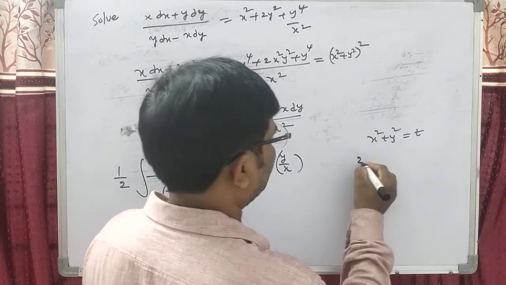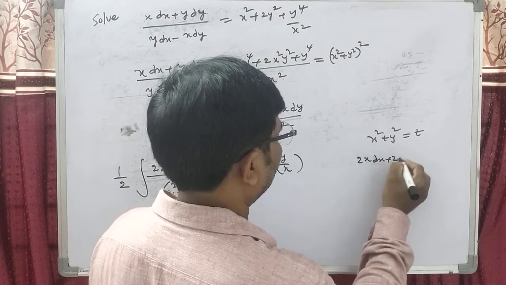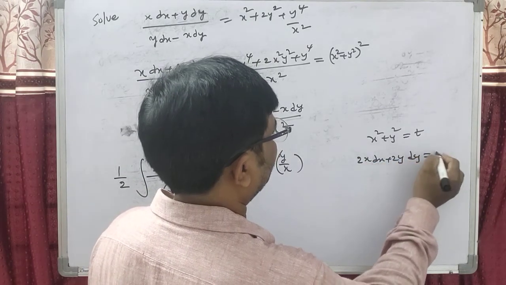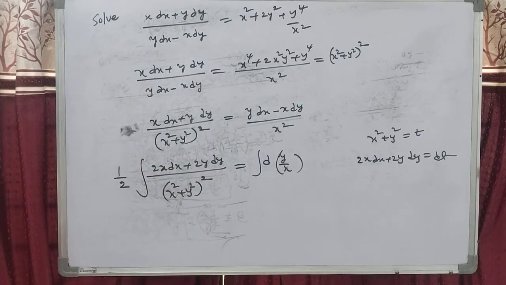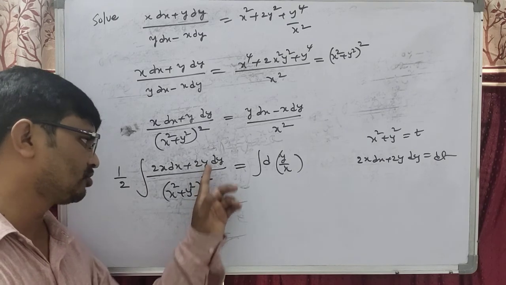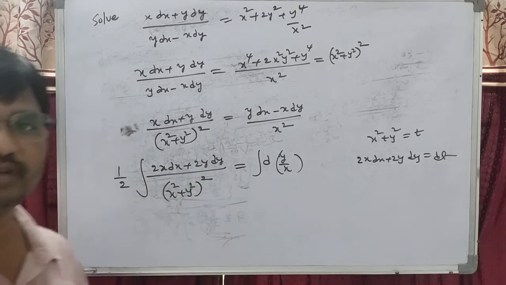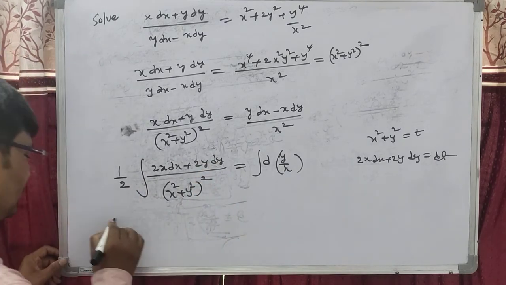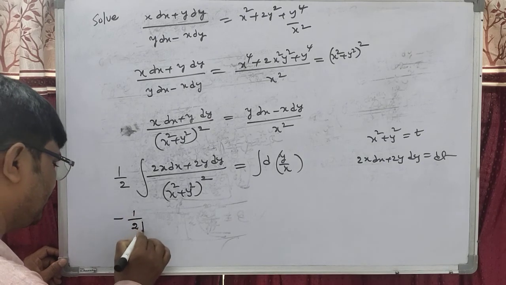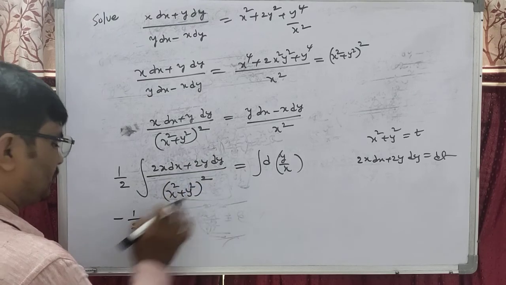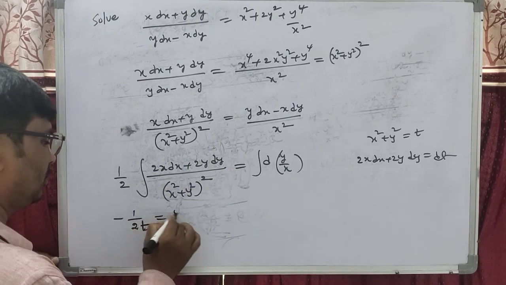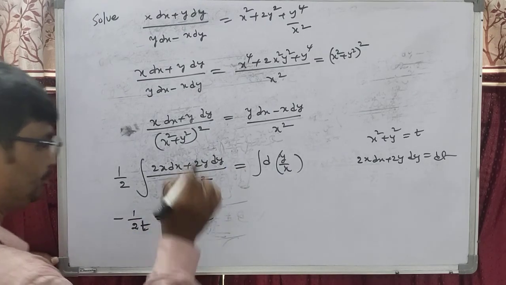Now 2x dx plus 2y dy is dt. Dear students, dt by t square. What is it? dt by t square is minus 1 by t. That is minus 1 by 2t. So the form is dt by t square, minus 1 by t equal to y by x plus c.